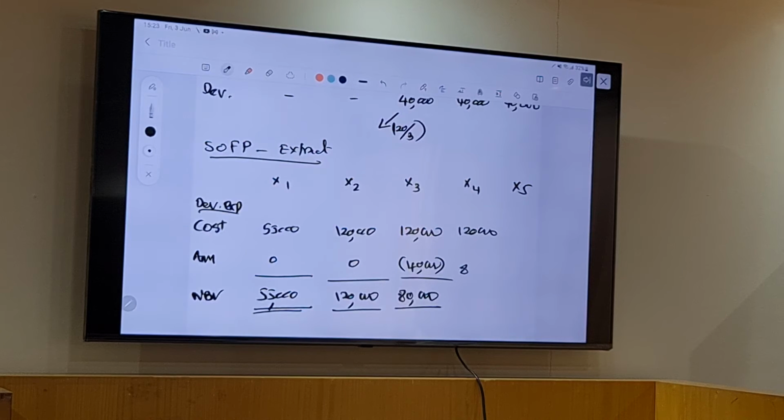Second year is 65, but add 55 plus 65, you have to add the accumulation. So 120 minus 80, 40. Here 120, here also 120. The first one is 55.